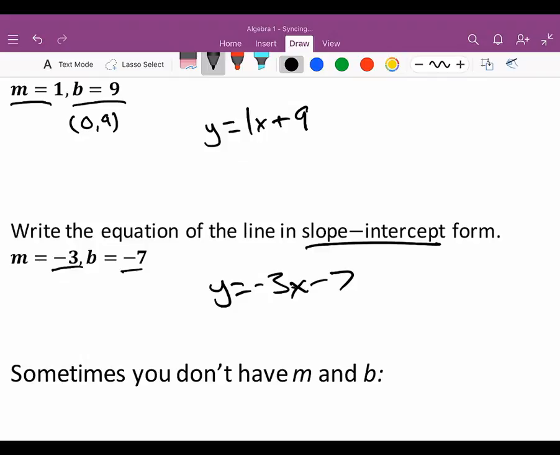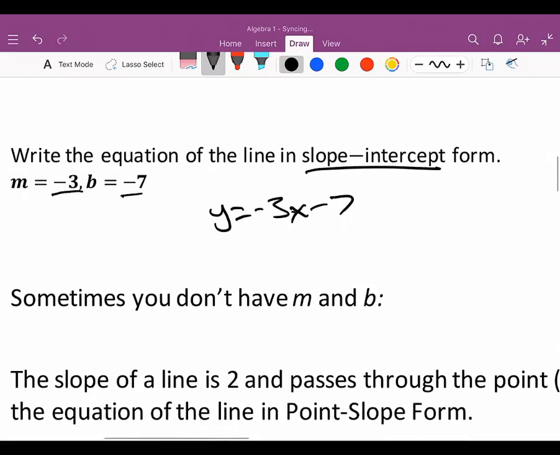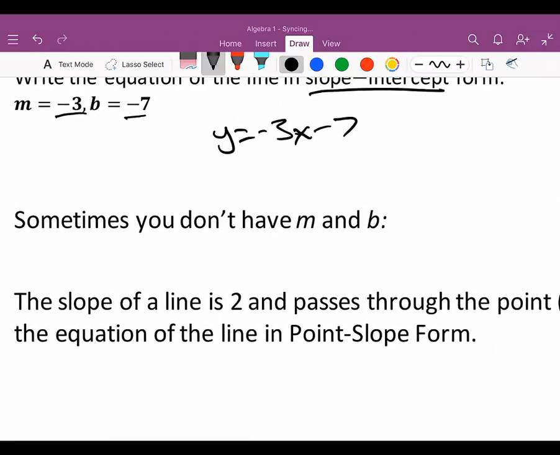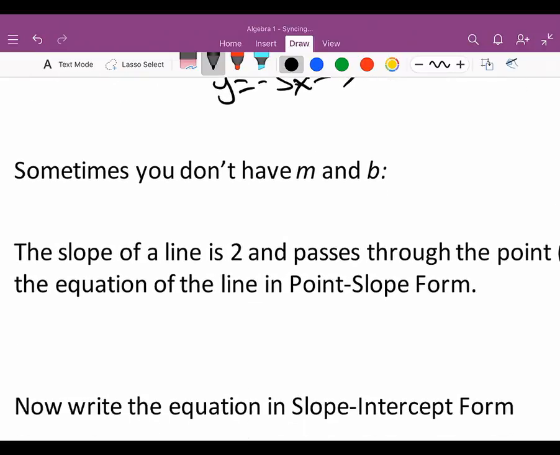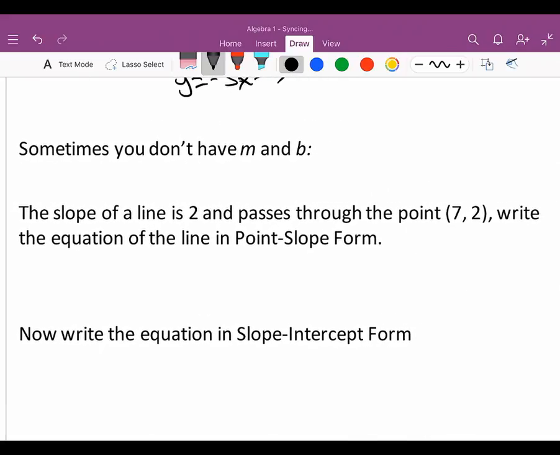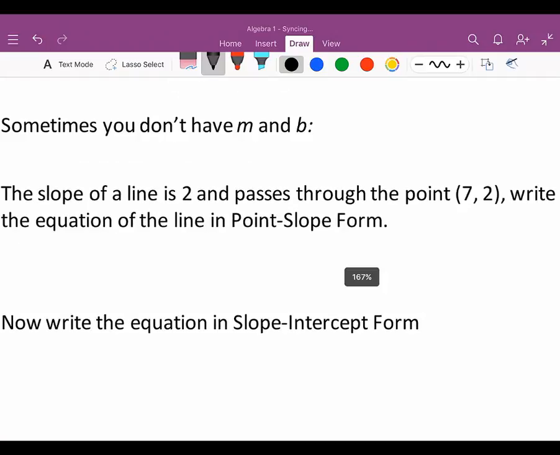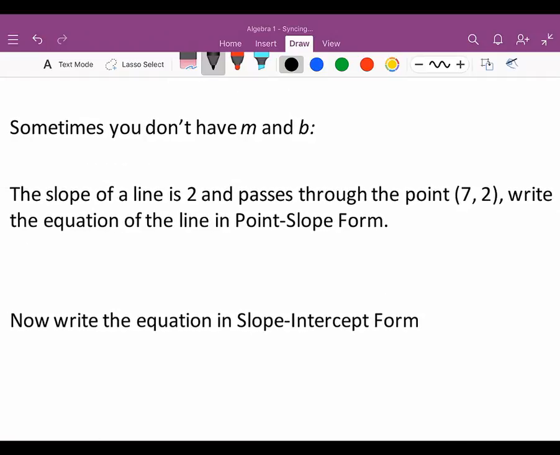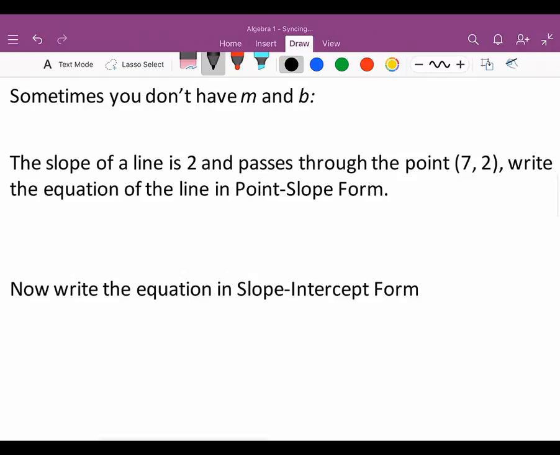All right, we're going to be doing the same thing when we're given point-slope form. So sometimes you don't have m and b. You don't always have m and a y-intercept, but you can be given a slope and a point, and using point-slope form, you should be able to solve for y, or put it in slope-intercept form. So let's say the slope of the line is 2.